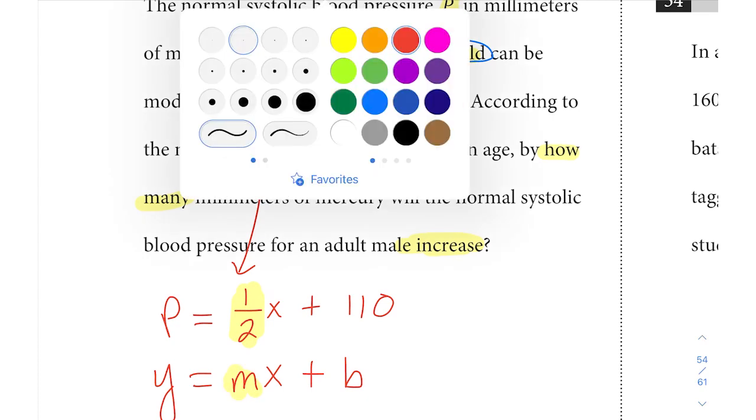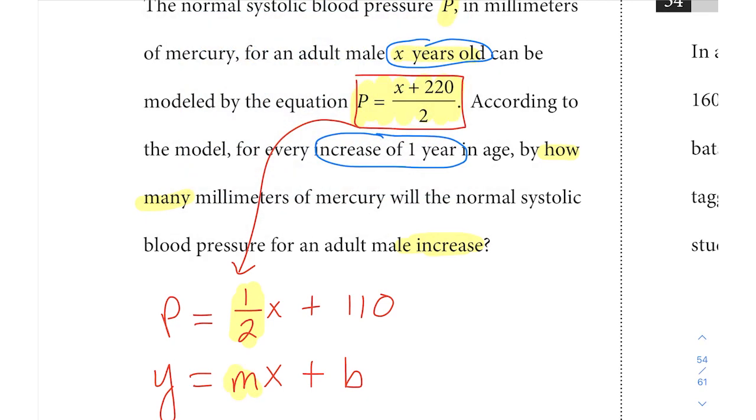And we can tell that if we're looking for a rate of change, whenever you're dealing with slope, it is a rate of change, and your rate of change will be the coefficient on your x term, which for this is 1/2, and that's our correct answer here.